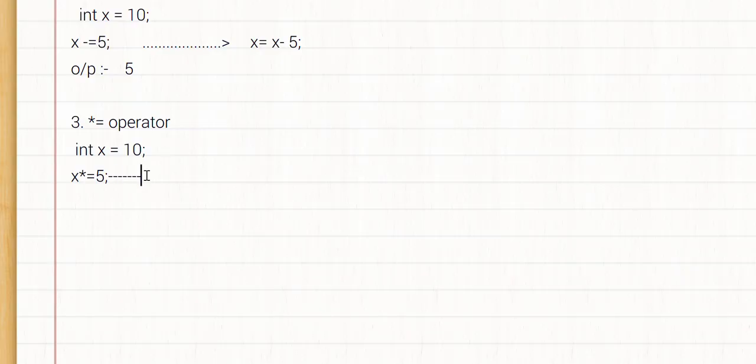This will be written as x equals to x star 5. Then the output will be 50. 10 into 5 equals to 50.